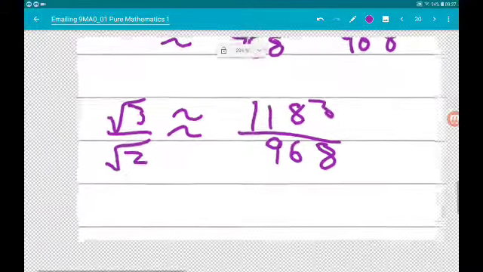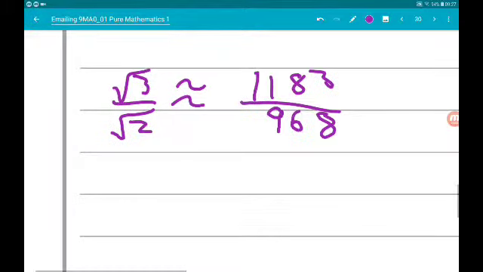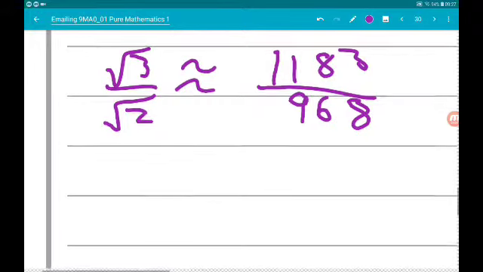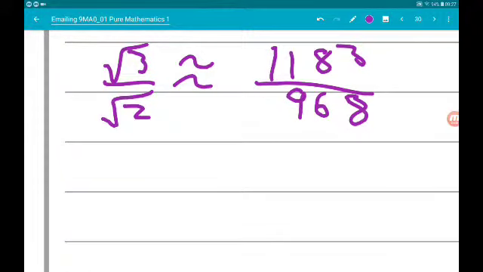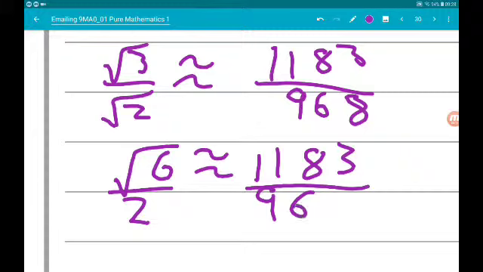Okay, so we wanted root 6. So how does this tie into root 6? Well, rationalise the denominator on the left, and we will get root 6 over 2 is approximately 1183 over 968.